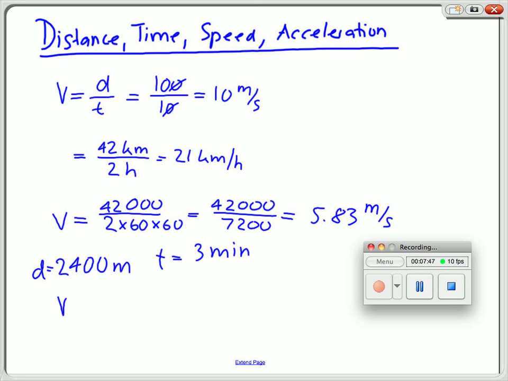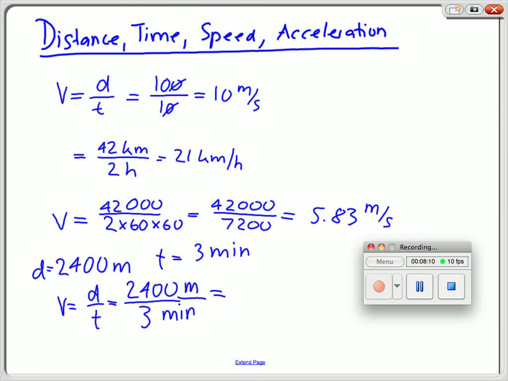So I'm writing down my formula V equals d over t. My distance is 2,400 meters divided by 3 minutes. Now if I put the units behind here, then it becomes a bit more apparent what I'm actually doing.